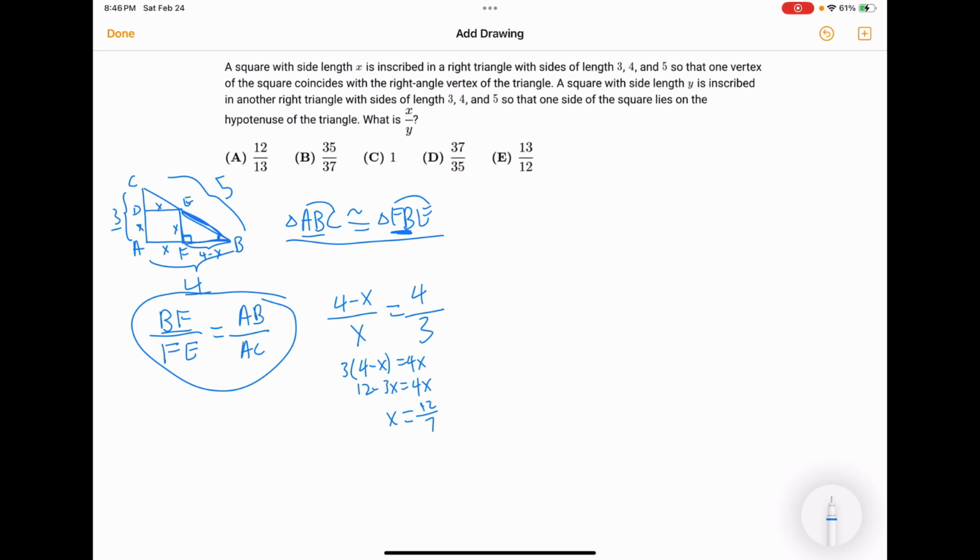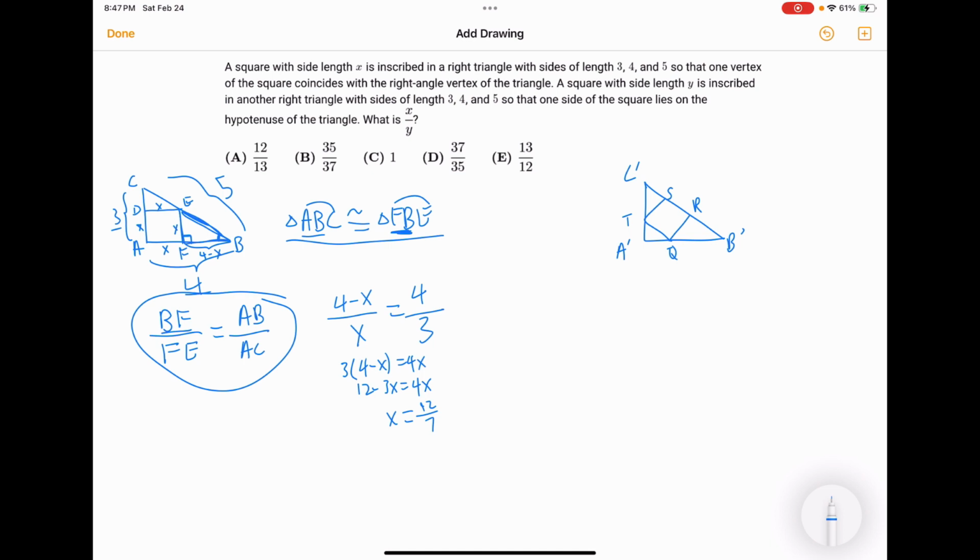Now moving on to the second case. We can also draw it out. I named the second triangle A prime, B prime, and C prime, just so we don't mix up the first triangle and the second triangle.